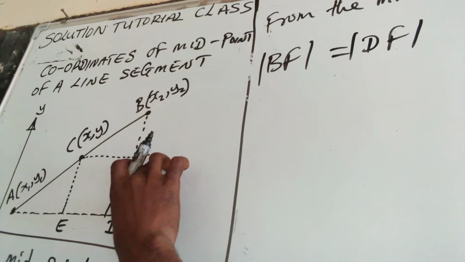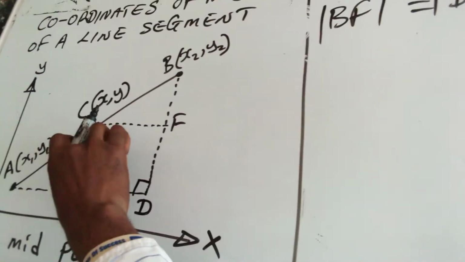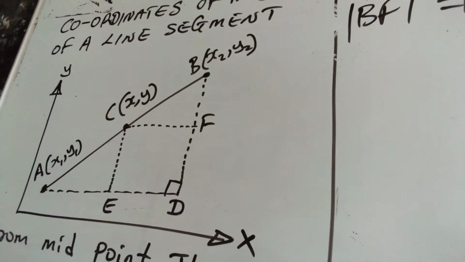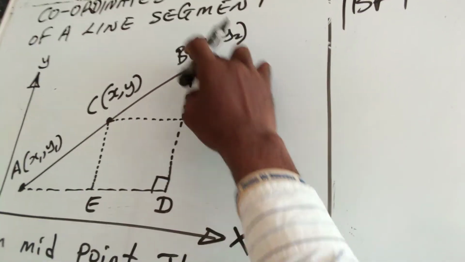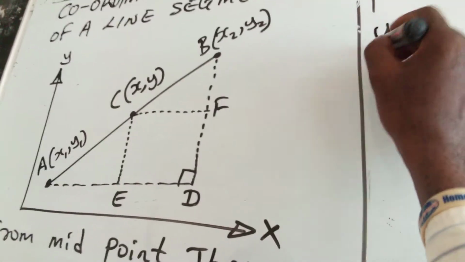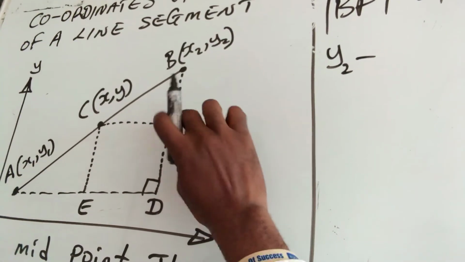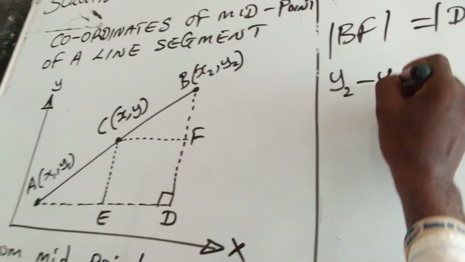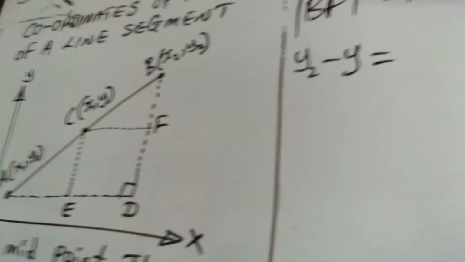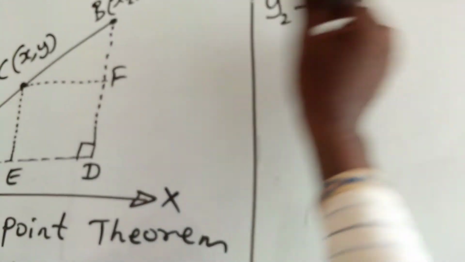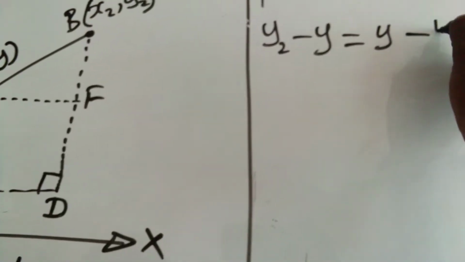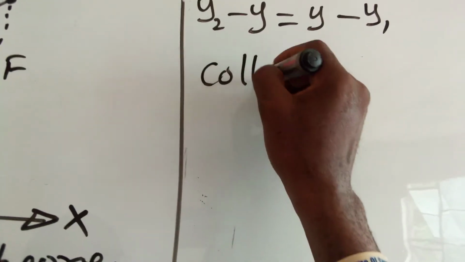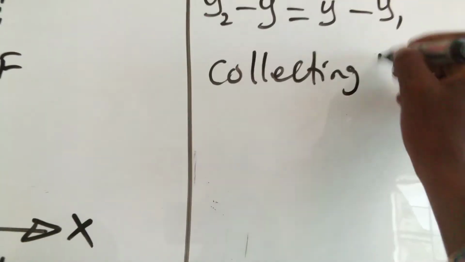This line here will be equal to, if here is the midpoint. So for you to get this side, you're moving along the y-axis. You see the value of y here, which is y2, minus the value of y here, which is just y, will be equal to the value of y here, which is y, minus the value of y here, which is y1.